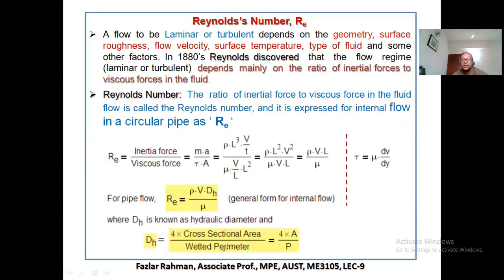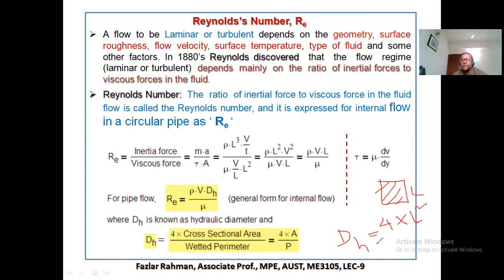For example, say this is a full square duct. How much will be the area? If the length is L, the area will be L squared. I'd like to figure out the hydraulic diameter of this square duct. So 4 into cross-sectional area, so 4 into L squared, right?